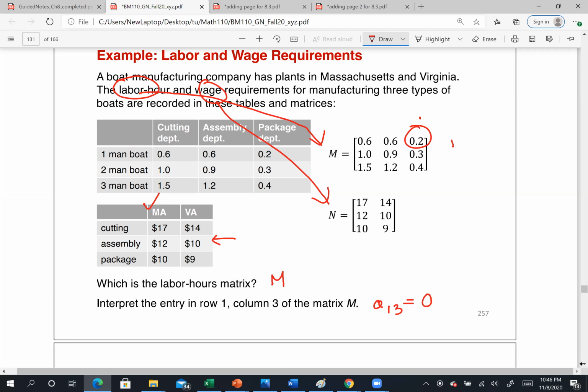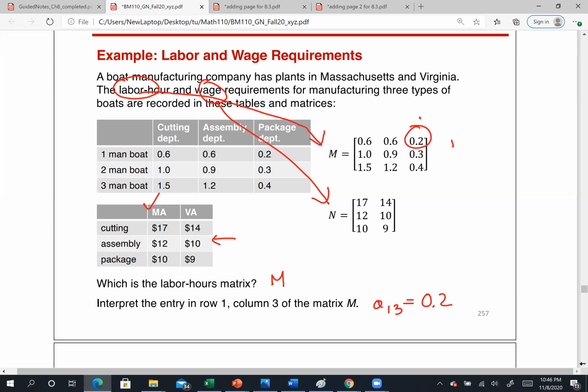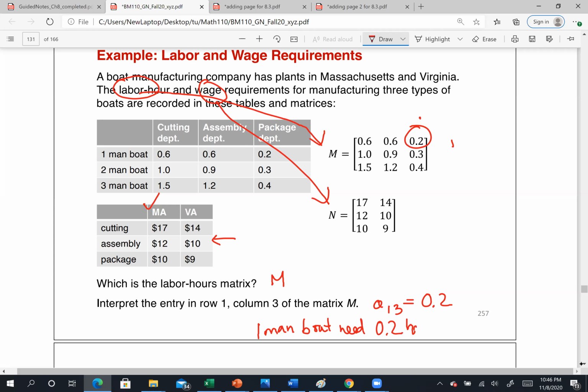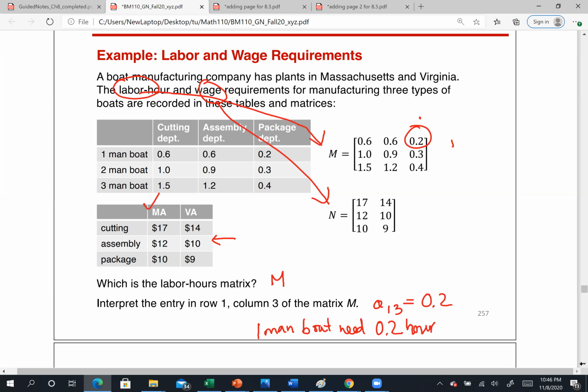So we go to 0.2, and you might say like it's mean what target department, one man boat need 0.2 hour for target department. Okay.